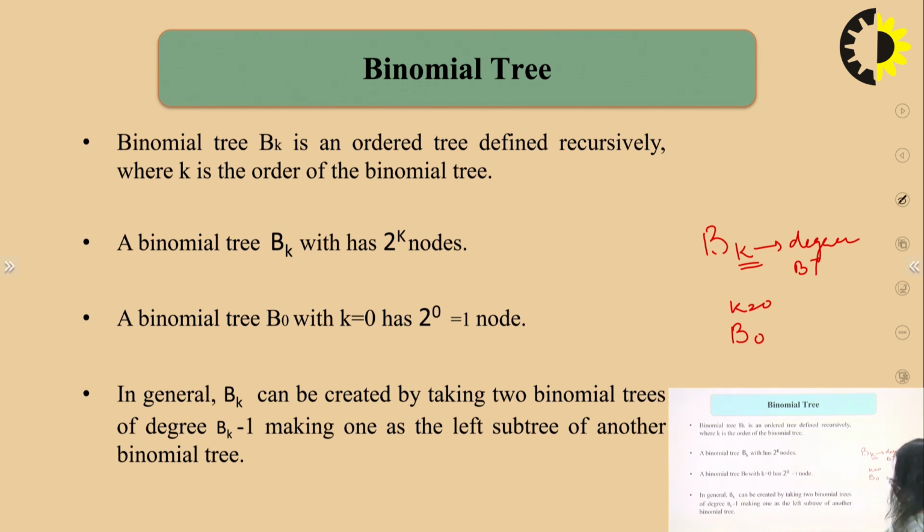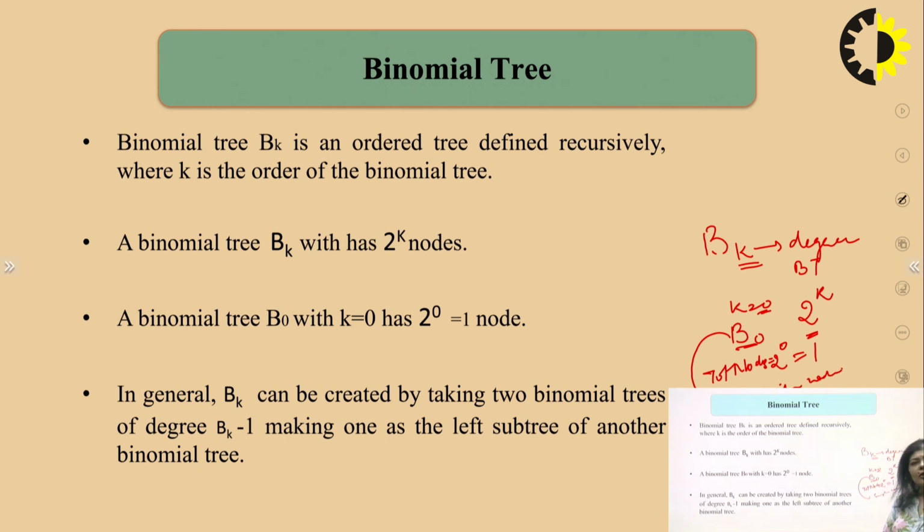The total number of nodes in a binomial tree is always 2 raised to the power K. So, if the value of K is 0, or if we are talking about a binomial tree with degree 0, the total number of nodes will be equal to 2 raised to the power 0, and 2 raised to the power 0 means 1. So, basically B0 always has a single node only.